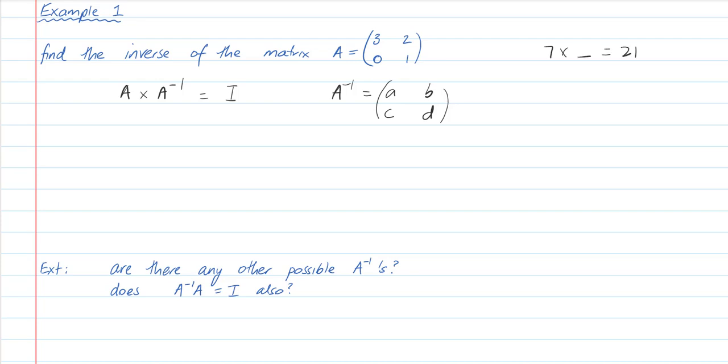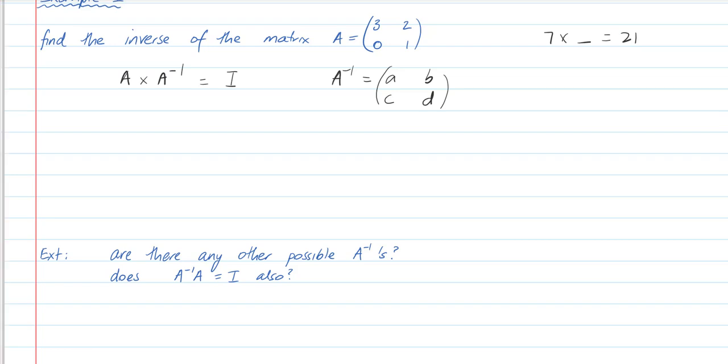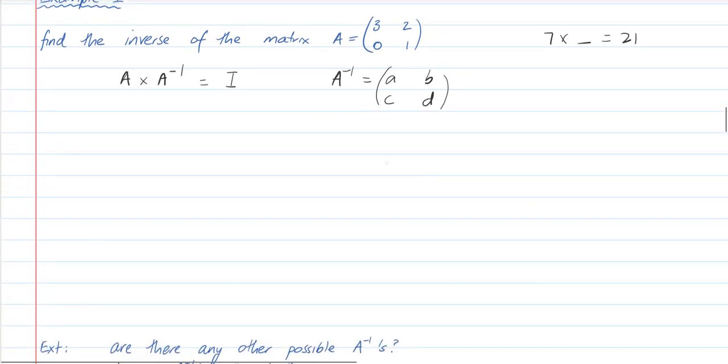Well, you just divide by 7, easy. But I can't do that in this case because we don't know how to divide by a matrix. So instead I'm going to have to do this a little bit more in a generalised form.